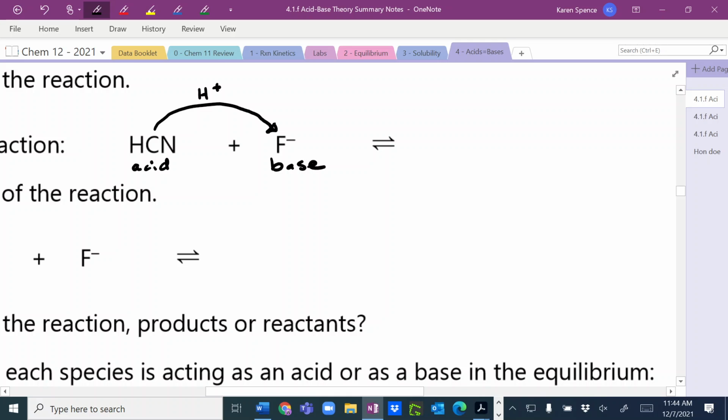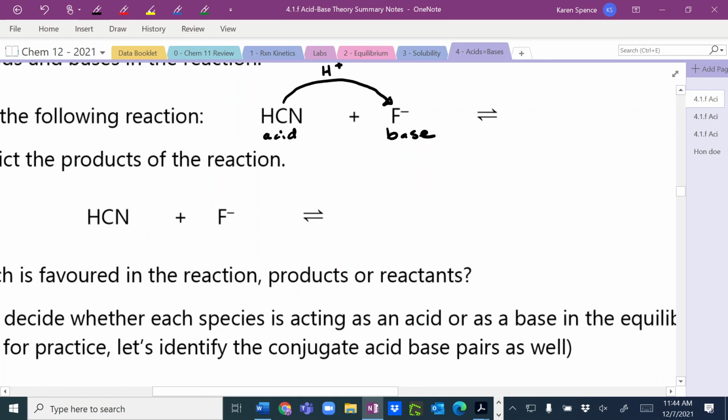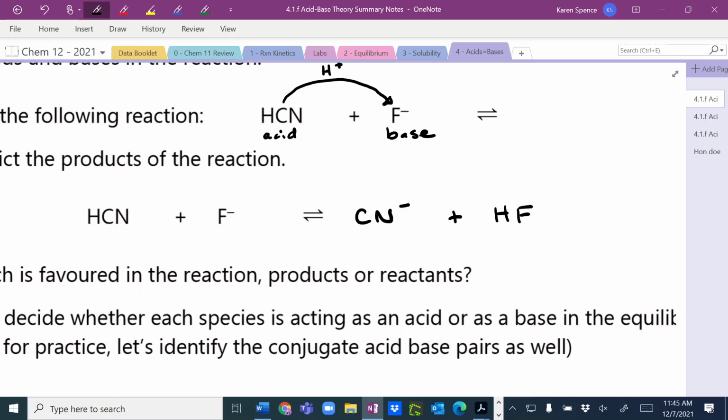So who are the products of this reaction? CN minus plus HF. And you'll notice I'm leaving out all the aqueouses here. I'm being a little bit lazy, just so it cleans it up a little bit for looking at this sort of stuff.